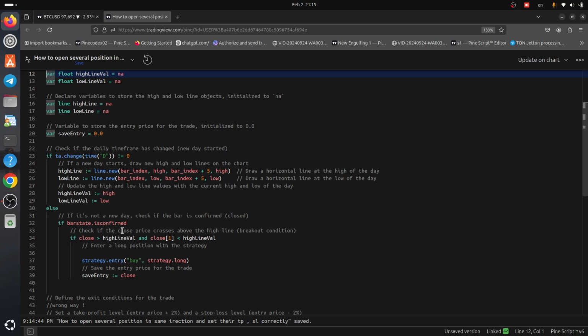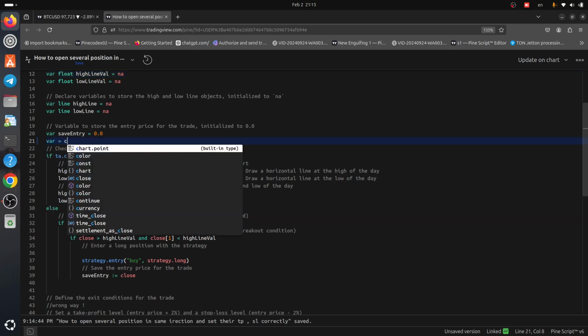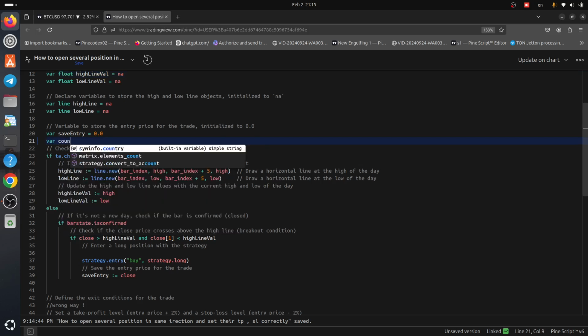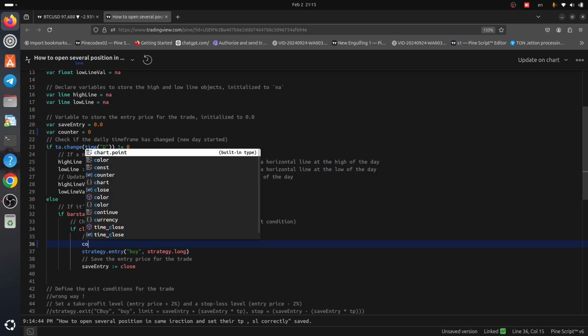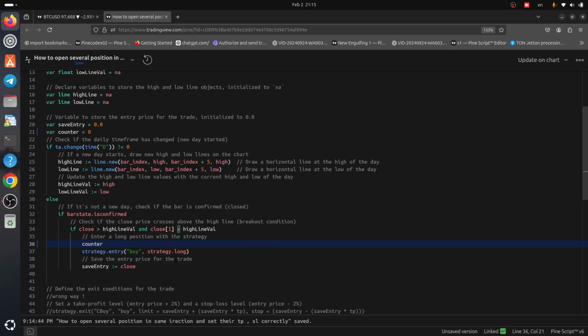We come here and declare a variable counter equal to 0. Here we add 1 to our counter, we update it, so we have a unique number every time, because we add 1 to it.